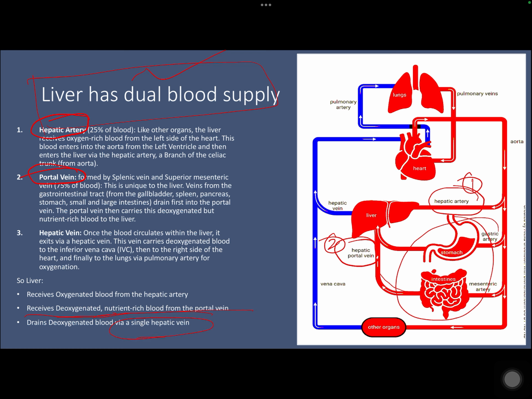So the liver receives blood from two major vessels: number one, the hepatic artery, and number two, the portal vein. The deoxygenated blood from the liver is drained by the hepatic vein.